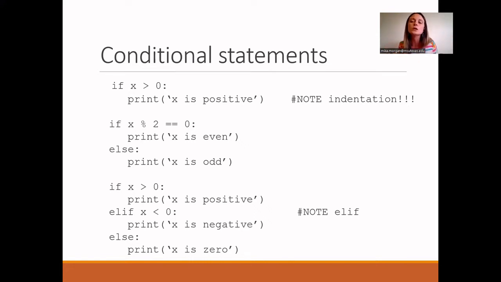What if we have multiple possible options that we need to be able to consider? Well, that is where this command elif comes in. If you're familiar with some other languages, you probably know it as else if. Python kind of shortened that a little bit. It combined them. The el is for else, and then the if is just if.